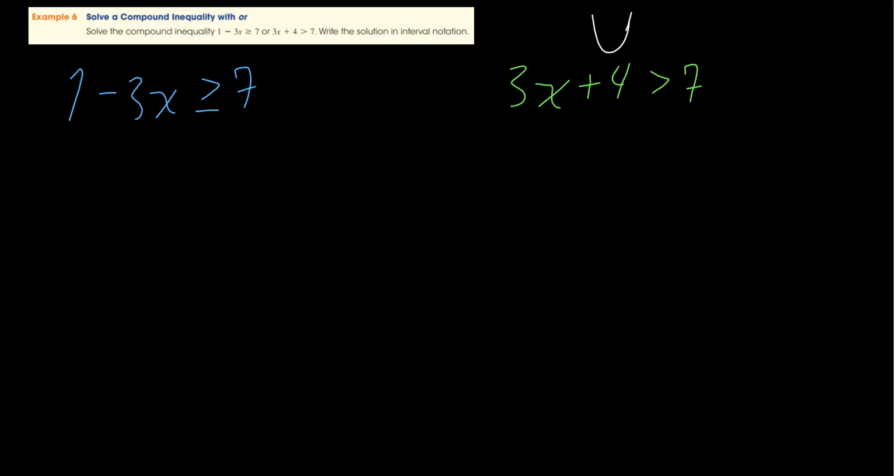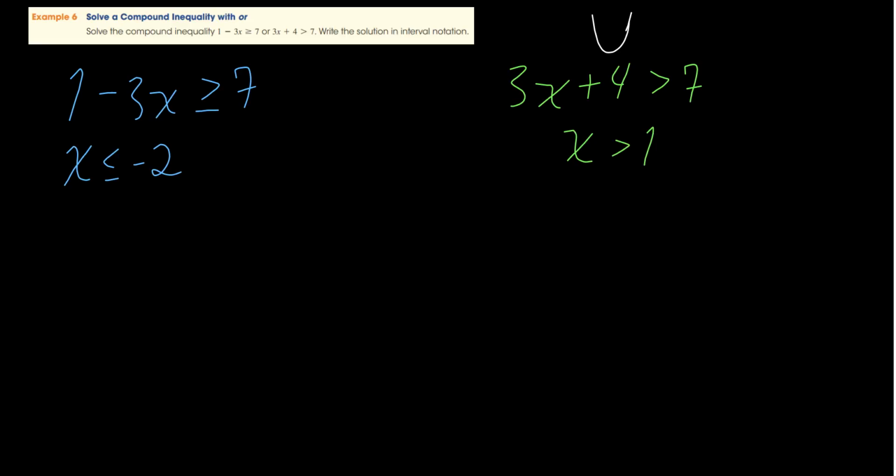Then we would divide both sides by negative 3, and we would have to flip this sign, and then we'd have negative 2. Over on the right side, that's pretty easy, right? Subtract 4 from both sides, divide by 3, so we've got x is greater than 1.